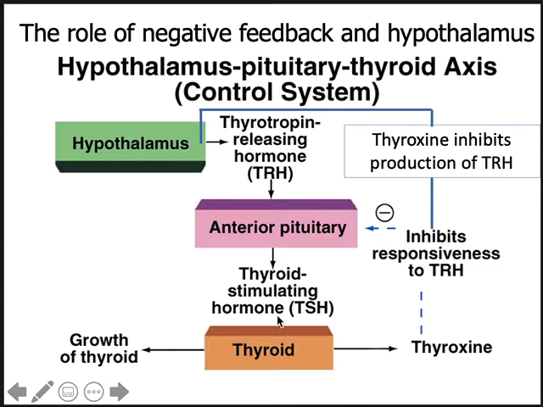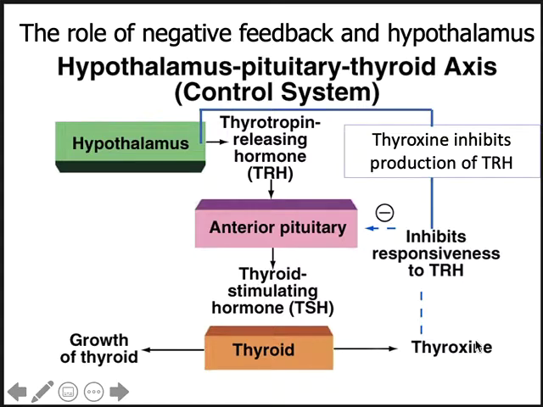And of course, TSH is going to tell the thyroid to release thyroxine. Okay. At the same time, it does cause a stimulation of the thyroid, which causes it to grow a little. Okay.